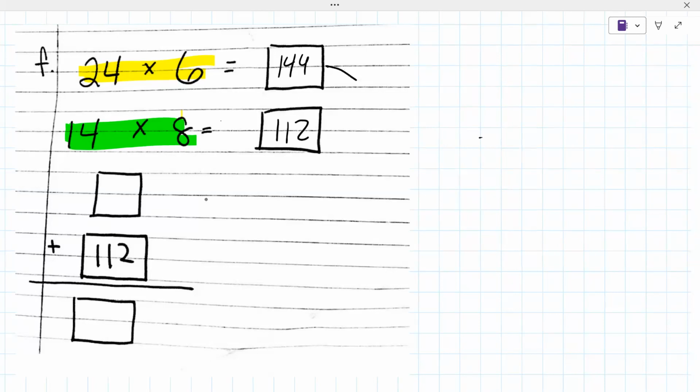Okay. So I'm going to bring this 144 down to this other box, and you're going to add them together.